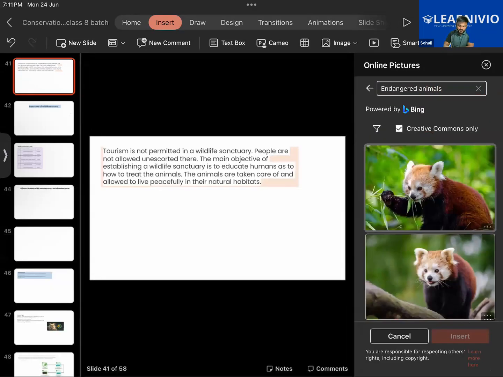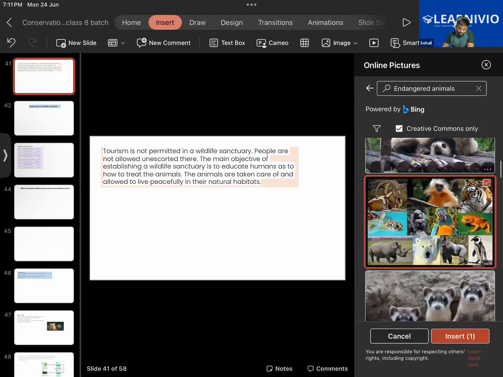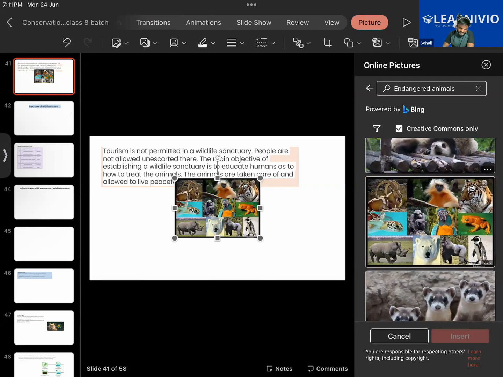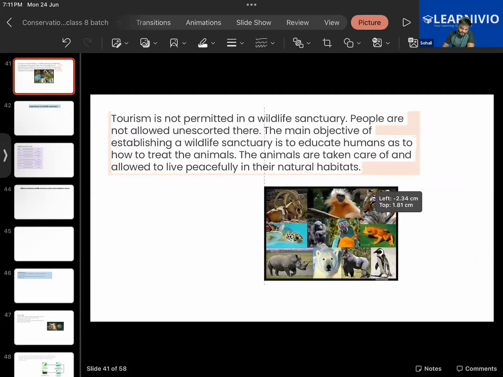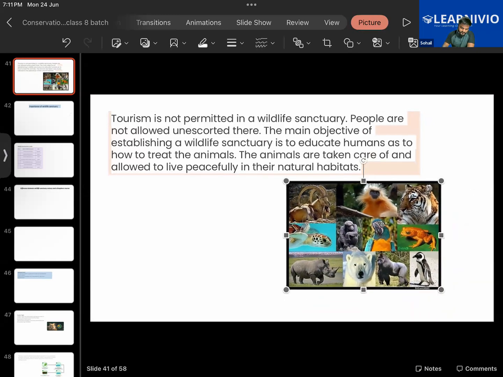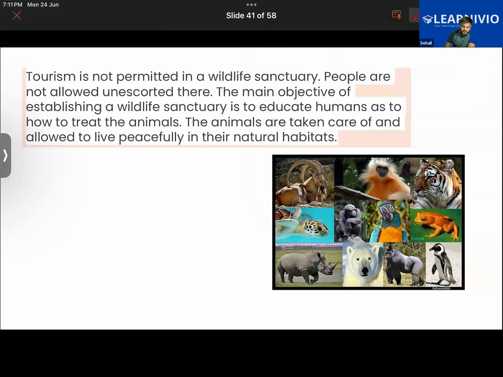Following in this image, look at these animals, for example. All these animals that you see in this image, all of them are endangered species of animals. Like you can see over here, a rhinoceros is there, pigeons are there, this red giant frog is there, tortoises are there.